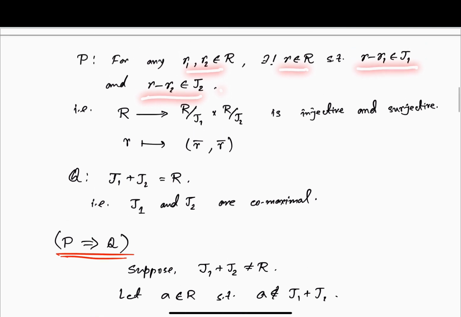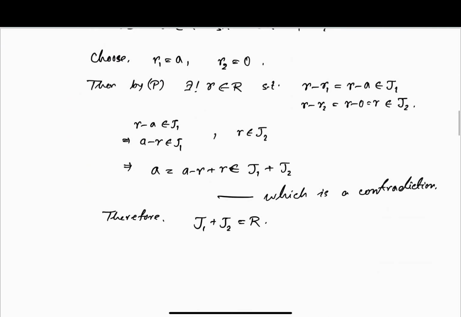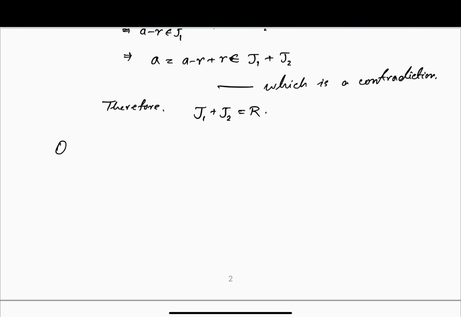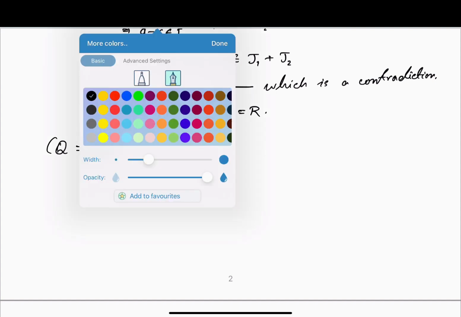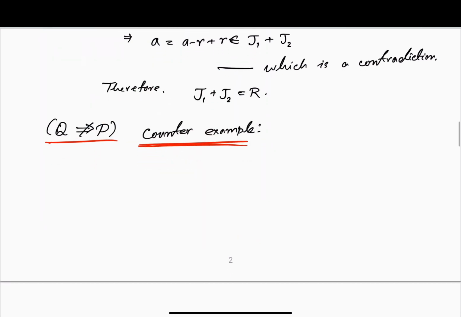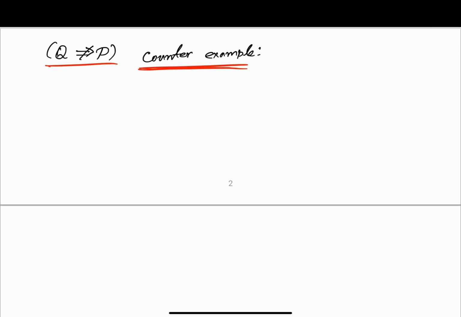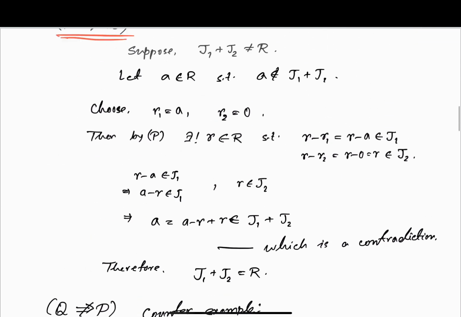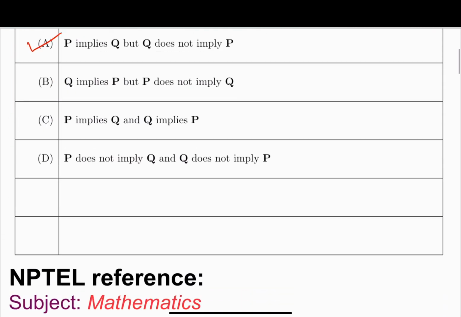Now we will show that Q does not imply P. It means if it is co-maximal, then for R1 and R2 we may not get a unique R. So Q does not imply P. Counter example: you have to find a counter example such that J1 plus J2 is co-maximal, but P is not satisfied.